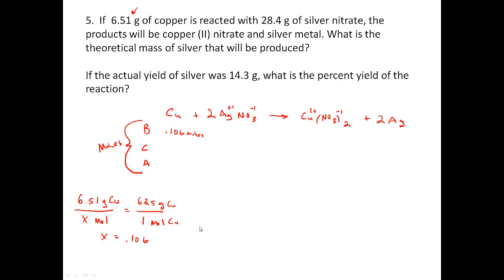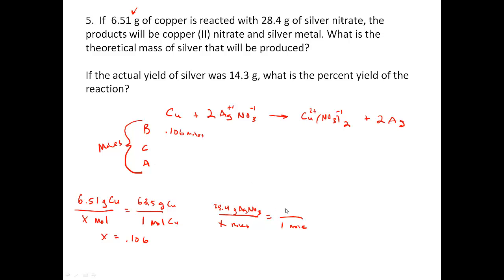Now, how much silver nitrate do we have in moles? Let's go ahead and figure that out. So, we've got 28.4 grams of silver nitrate. The question is, how many moles is that? X number of moles. Well, in 1 mole, what's the mass of silver nitrate?